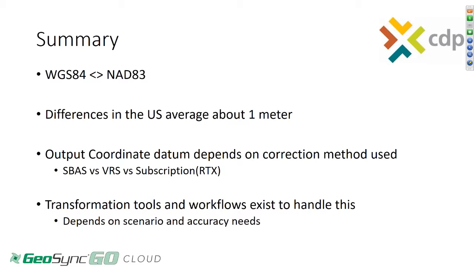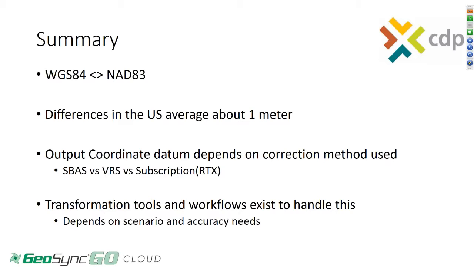So, in summary, why this matters to us is that WGS84 does not equal NAD83. They're very close, but they're not equal. The differences in the U.S. can average around 1 meter, and that varies depending on where you are in the continental United States or the North American area, but around 1 meter would be a good average.